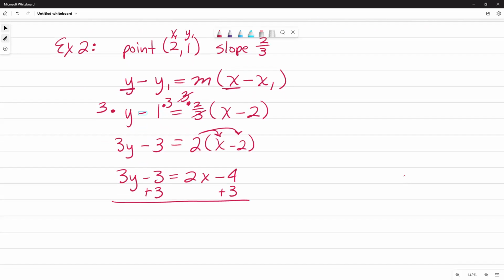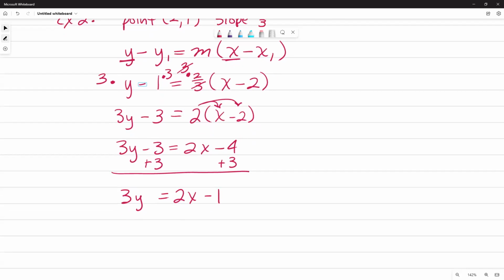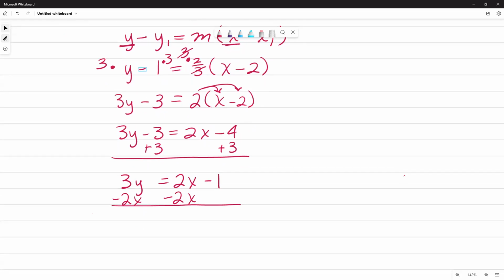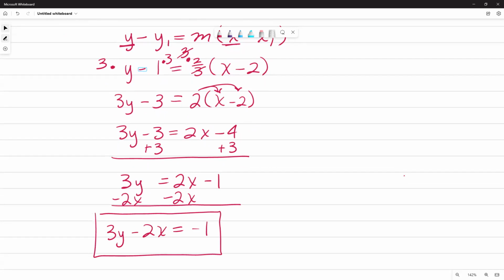I'm also going to move that 2x to the other side by subtracting it, so I have all my variable terms on one side and all my constants on the other. All right, so 3y minus 2x. I can't combine the coefficients at all; these are 2 totally different terms. And that equals negative 1. That is as simple as we can get, and that is standard form.